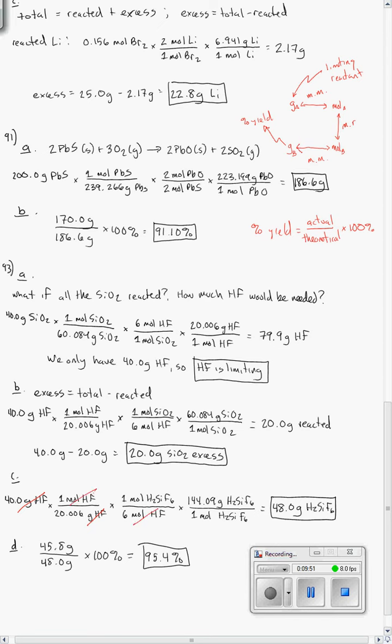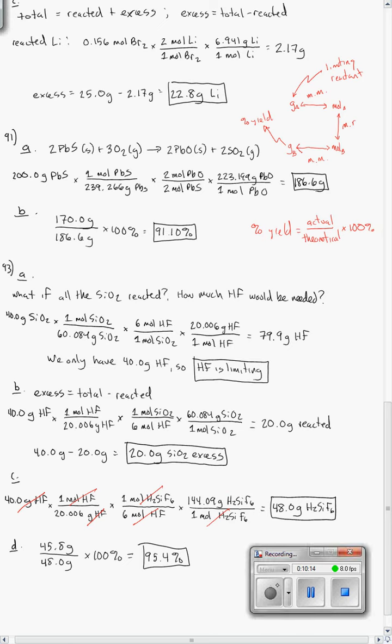Last step, we want to go from moles to grams using the molar mass of H2SiF6. We want grams in the numerator, we want moles in the denominator. If we set up our conversion factors correctly, this will tell us that 48.0 grams of H2SiF6 should be produced from our 40 grams of HF. That's our theoretical yield.